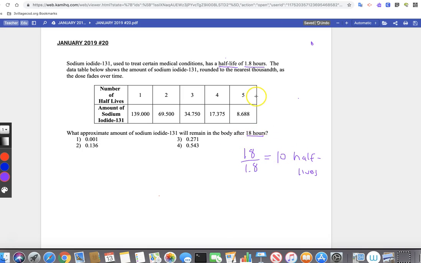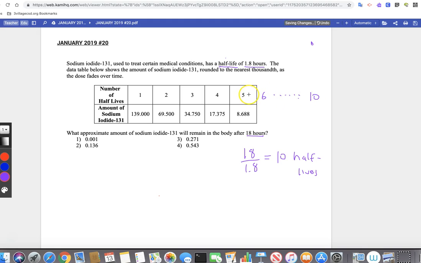So using the data in the table, again, we know the amount of sodium after the fifth half-life, and we can just continue to calculate how much is left after each subsequent half-life until we get to the 10th half-life.